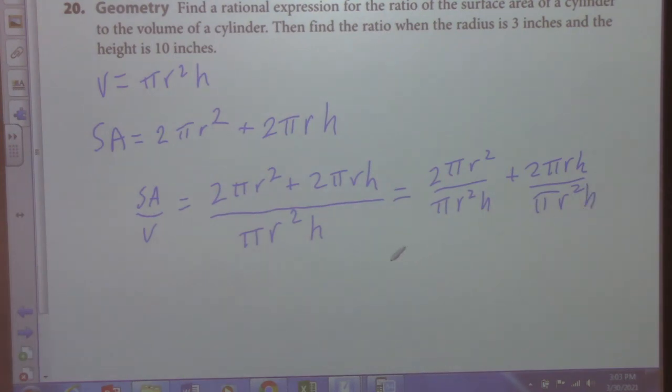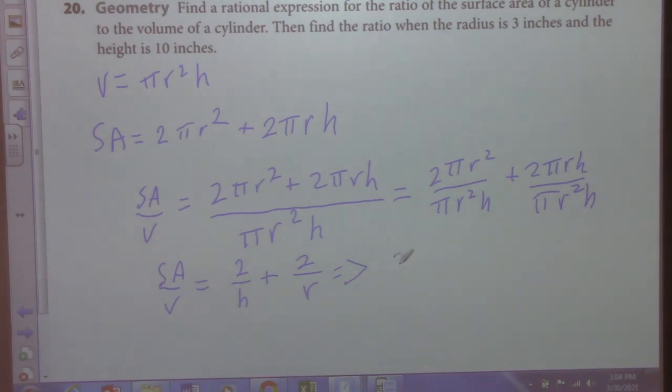What's going to be surface area over volume? Simplify this out, what do we get? You get 2 over h plus 2 over r. And then we find the ratio when the radius is 3 inches and the height is 10 inches.